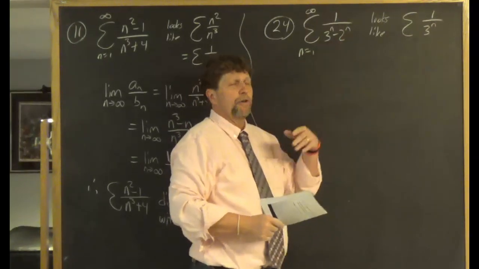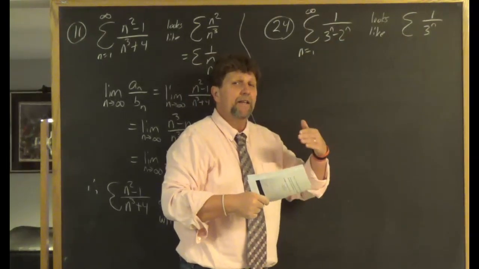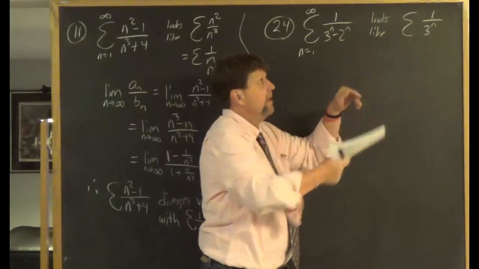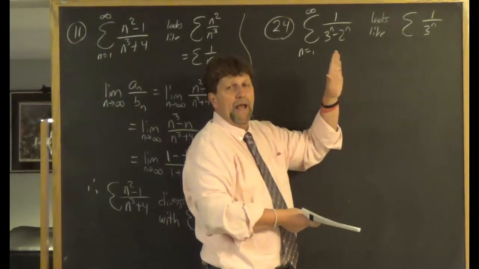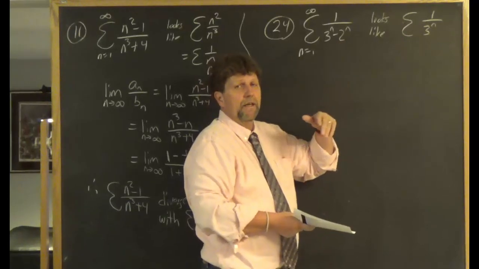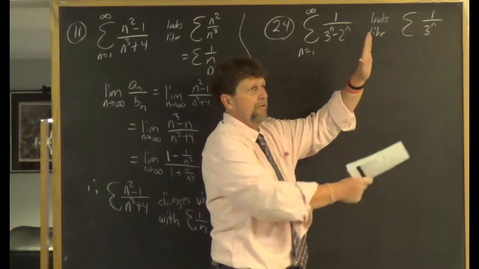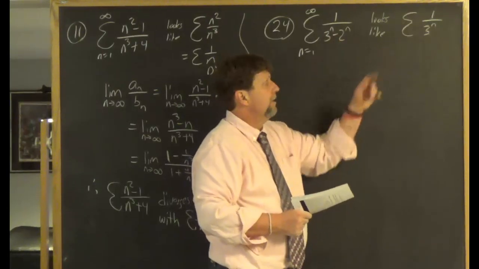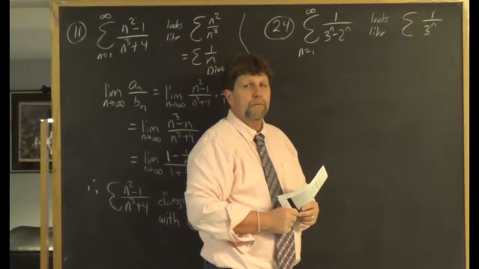When I look at the two terms in the denominator, 3 to the n and 2 to the n, they're both exponential functions, but the 3 to the n is overpowering the 2 to the n. It's increasing more rapidly, so that's why I'm ignoring it and going with 1 over 3 to the n.